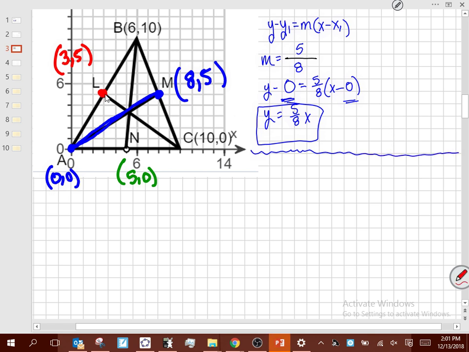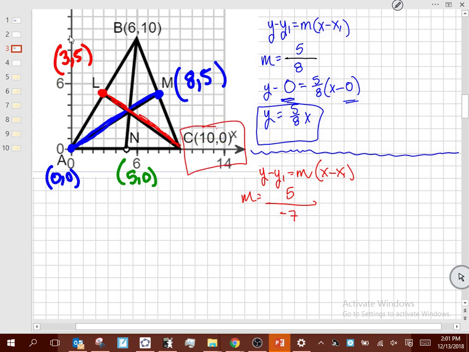Now I want to do the same thing for that red line. So now I'm going to go y minus y1 equals m times x minus x1, right? I need my slope. So again, doing that mental math, 5 minus 0 is 5, right? 3 minus 10, negative 7. Now choose an x1, y1. Do I want to choose that one?